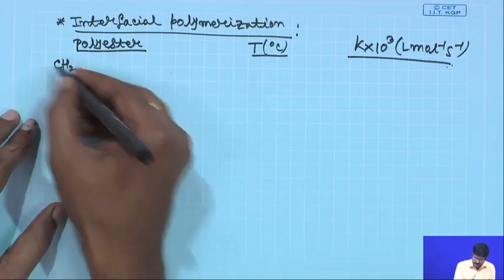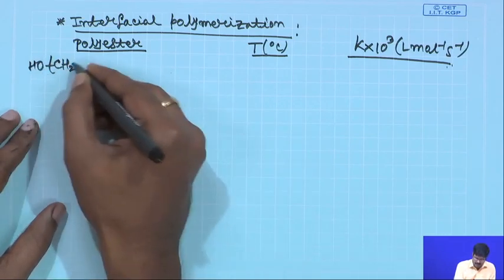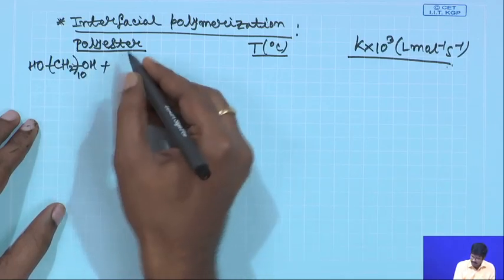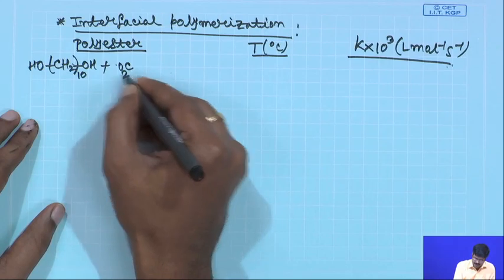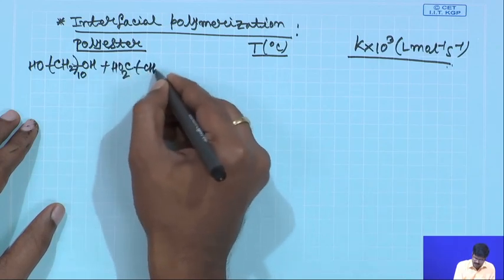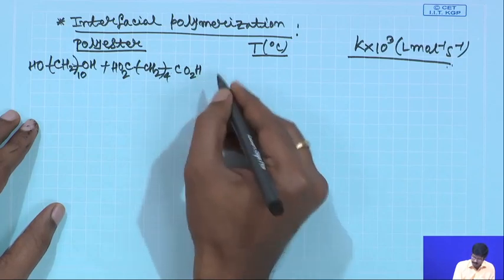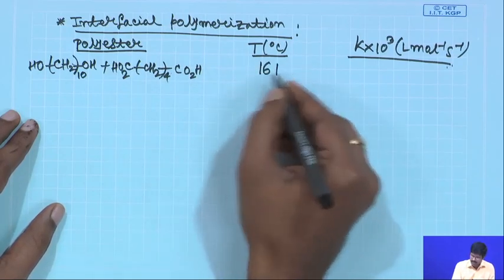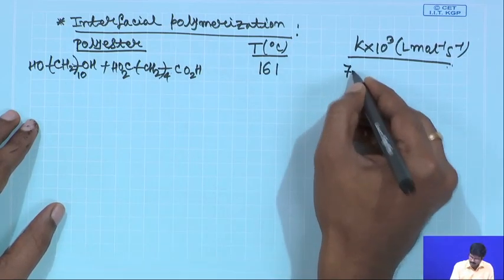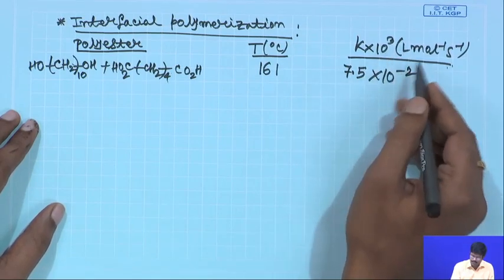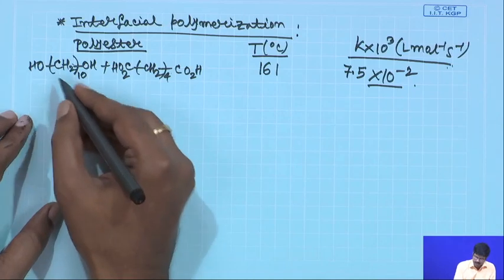So, these are some of the experimental data. Say you have an alcohol like this, CH2 10 OH, and you have an adipic acid, CO2H CH2 4 CO2H. This reaction is done at 161 degrees Celsius and the rate constant is 10 to the power minus 2, you have actually multiplied by 10 to the power 3. So, this rate constant is quite low.